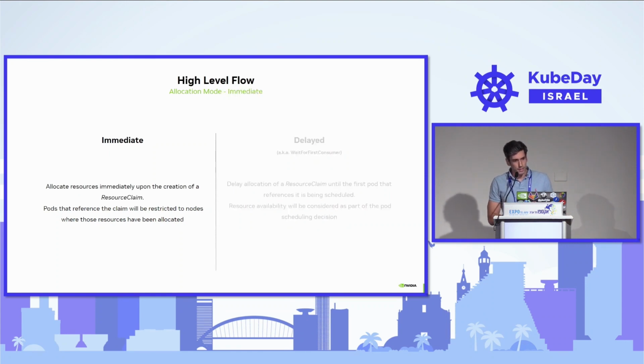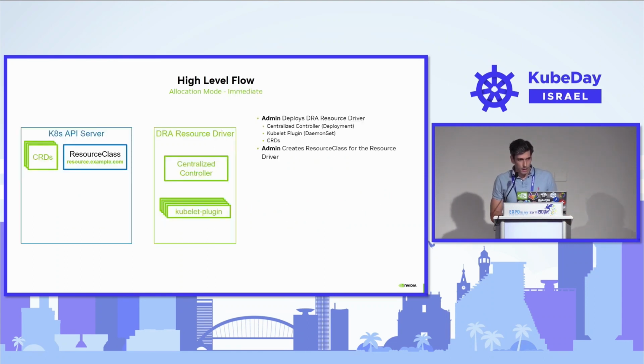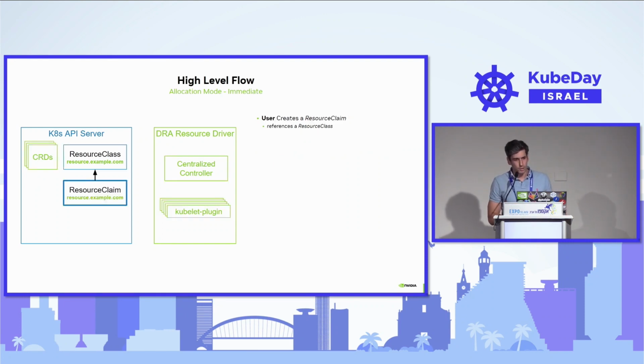All right, let's dig into the immediate flow. The flow is the same at the beginning: the admin will deploy the DRA resource driver, the kubelet plugin, the CRDs, and will define a resource class. A user will create the resource claim for the resource class.